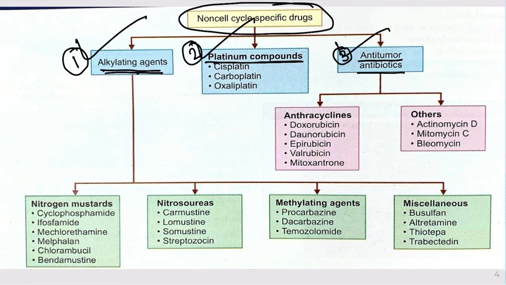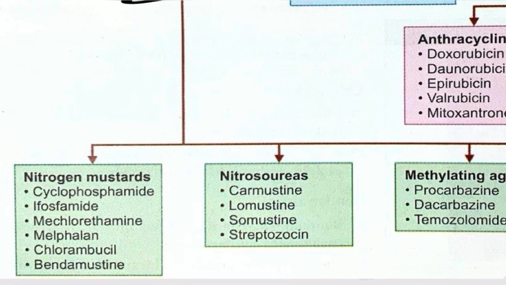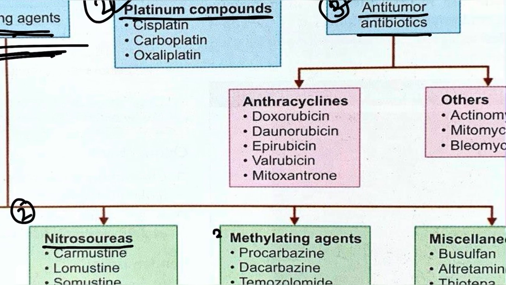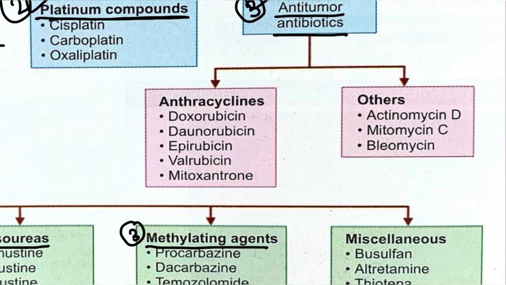First I am coming to alkylating agents, and this group is very important for your exam purpose. Now again, alkylating agents are subclassified into nitrogen mustards, number 1, nitrosoureas, number 2, methylating agents, number 3, and miscellaneous, number 4.